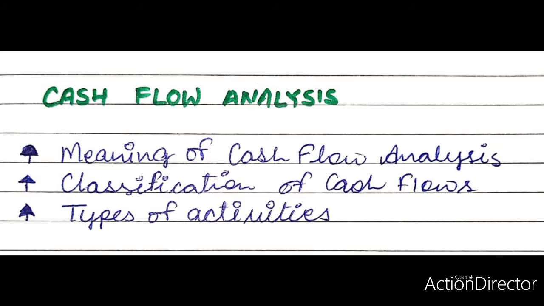Cash means not only cash in hand, but it also comprises demand deposits with banks. Cash equivalents are short-term, highly liquid investments that are A. readily convertible into known amount of cash, and B. so near their maturity that they present insignificant risk of changes in value and interest rates.